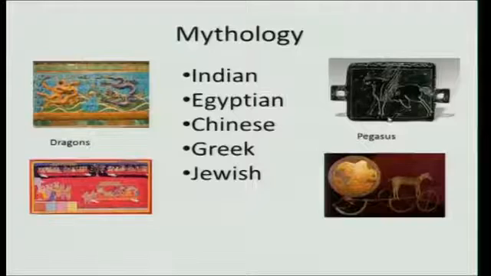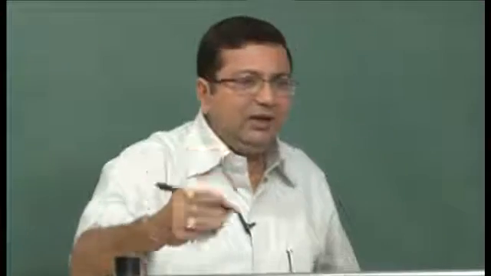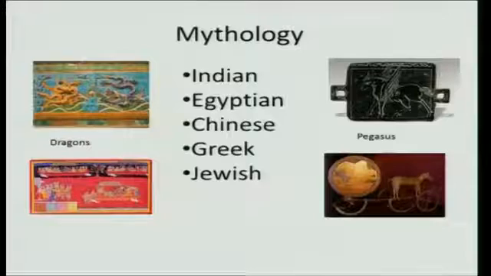Then if you look at Greek mythology, the Pegasus, that is the flying horse, is a winged horse. So, again wing comes in repeatedly. Similarly in Jewish mythology, various types of flying devices like flying chariots and flying thrones etc., have been depicted. If I look at the commonality between all these concepts, what we see is wing, fire, wheel. These are the three things that keep on coming again and again.